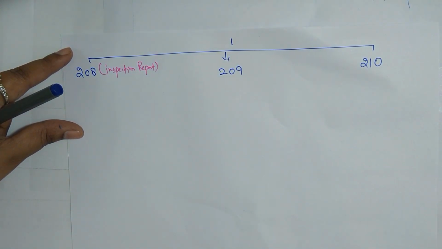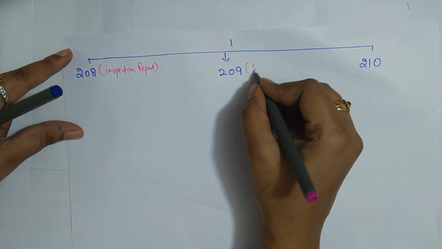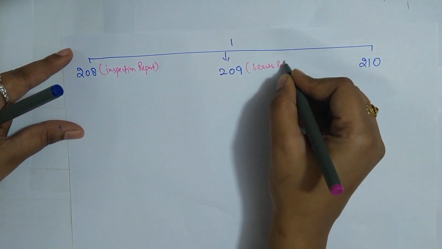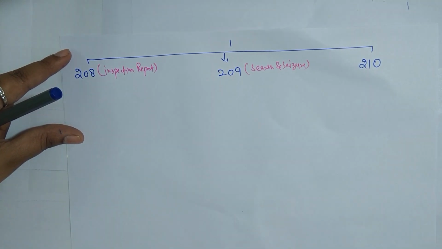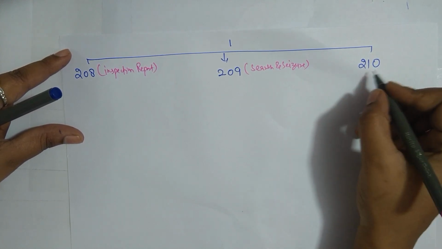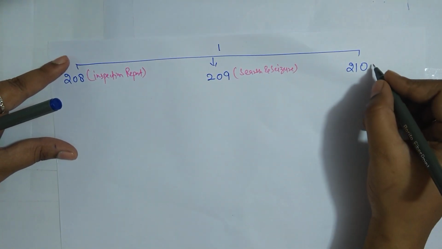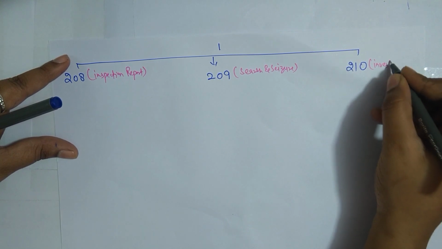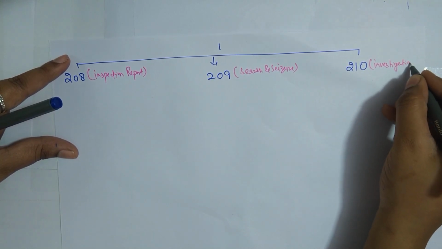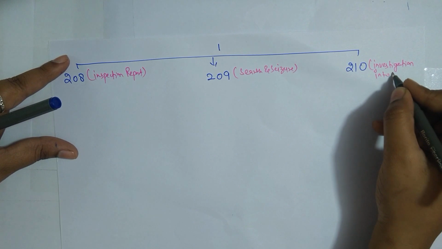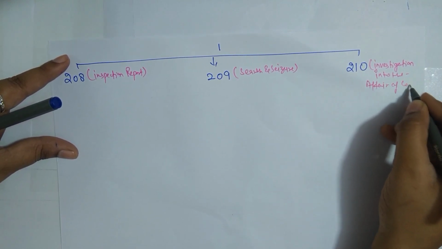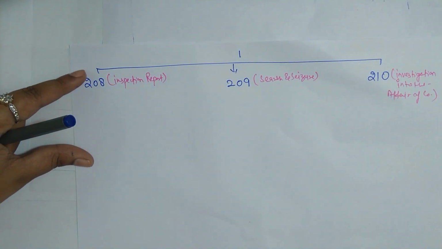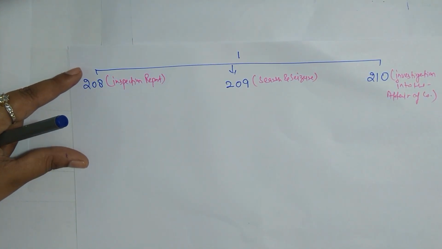Section 209 talks about search and seizure: if search and seizure is required, which type you can conduct, and what the rules related to search and seizure are. And 210 talks about investigation into the affairs of the company. So moving forward, section 208.